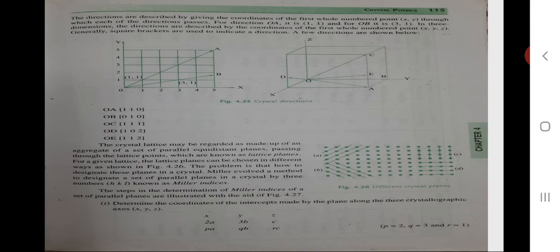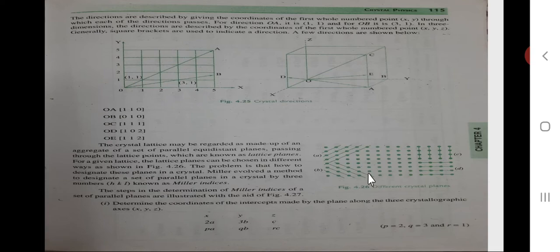The crystal lattice may be regarded as made up of an aggregate of sets of parallel equivalent planes passing through the lattice points, which are known as lattice planes. For a given lattice, the lattice planes can be chosen in different ways, which is shown in this figure.